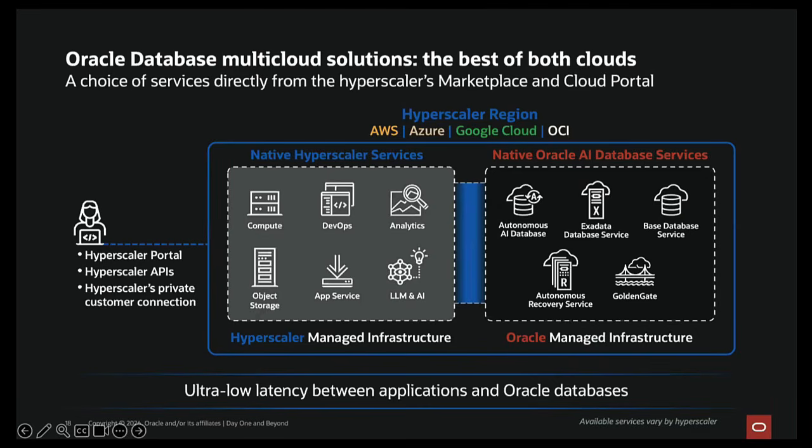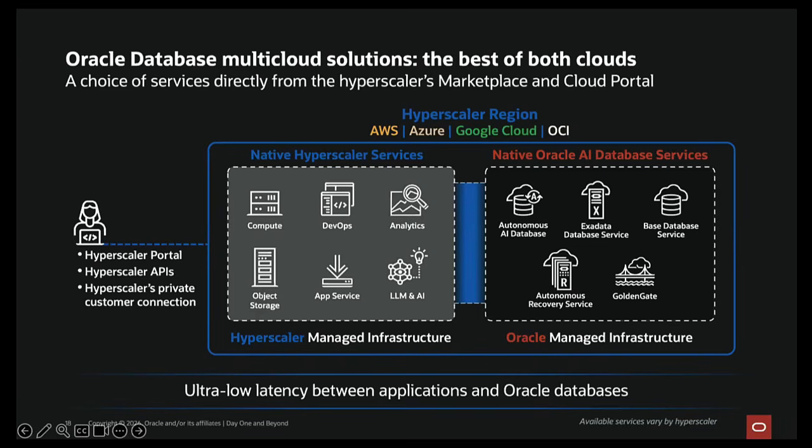Oracle Database at multi-cloud means you get the full power of Oracle's database running natively on your cloud of choice, providing you with direct low latency access to your hyperscaler native services like AI, analytics and data services that you are already using.